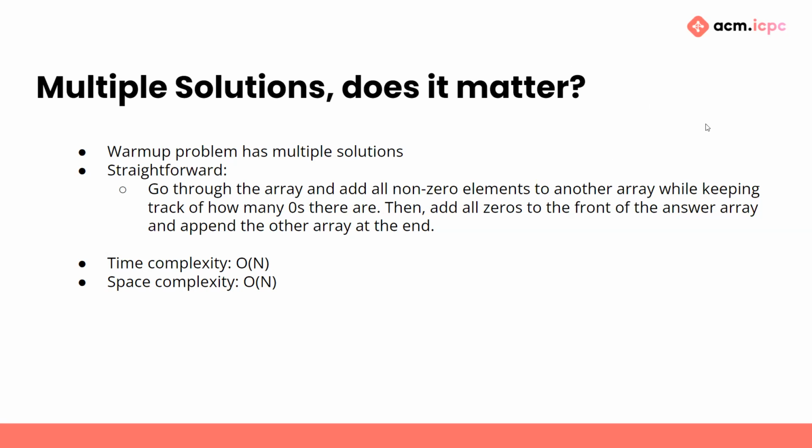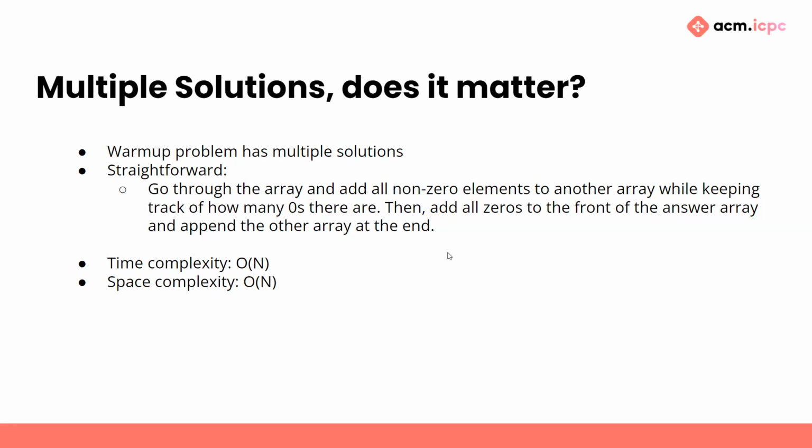Okay. Yeah, so then the time complexity here is O of n. And to analyze this, we can just think about the number of operations we're doing. So one, we're going through the whole array once to count the number of zeros there are, and adding all the non-zero elements to another array. So that's n number of operations.